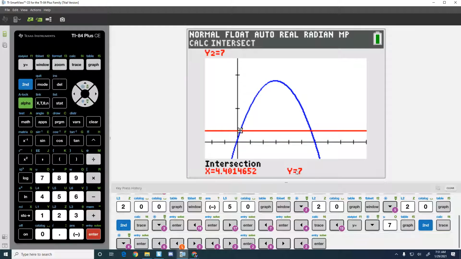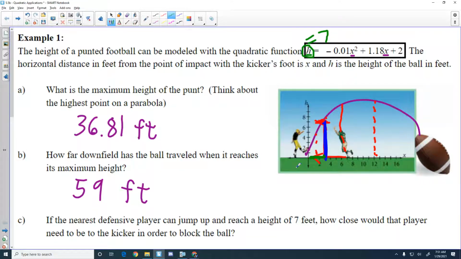Now, should we have had a y value of 7? Is that what we were expecting? Yeah, because remember, that defensive player can reach up 7 feet high. And that 4.4 is telling us that when the ball traveled about 4 feet away, it would be up at a height of exactly 7 feet.